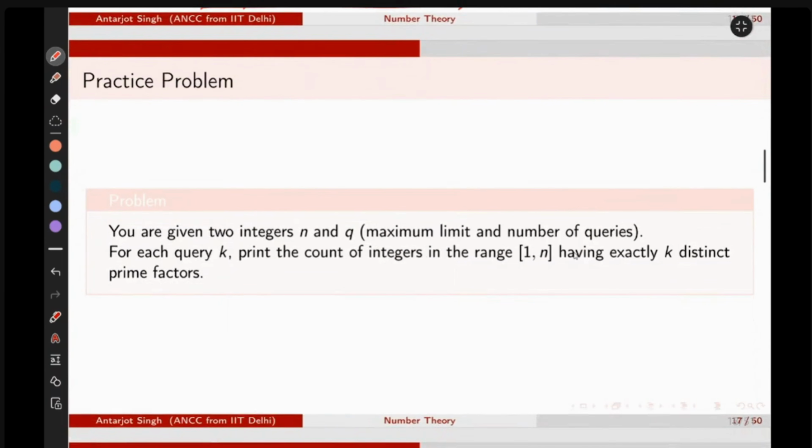So let's have a practice problem. You are given two integers n and q. For each query, you need to print how many integers have k distinct prime factors. I'll give 2 or 3 minutes to just think how we are going to approach this.